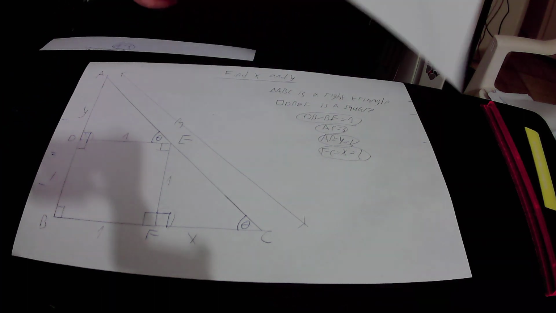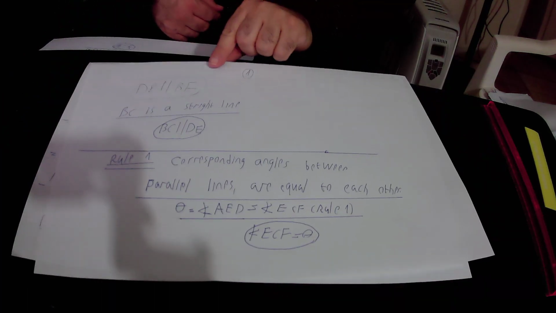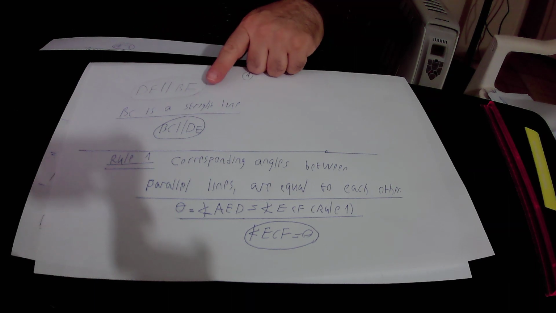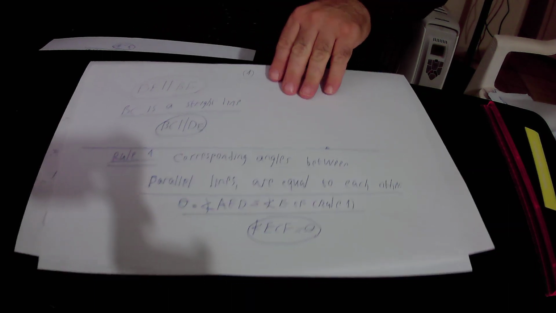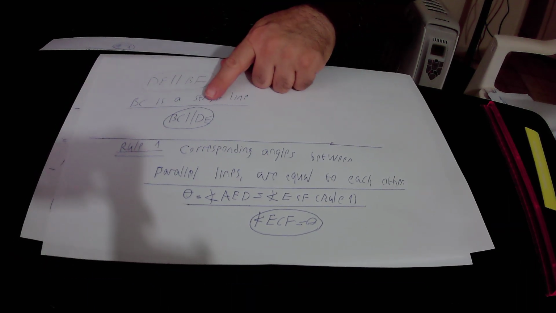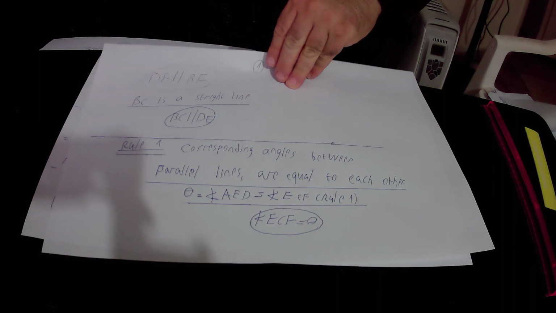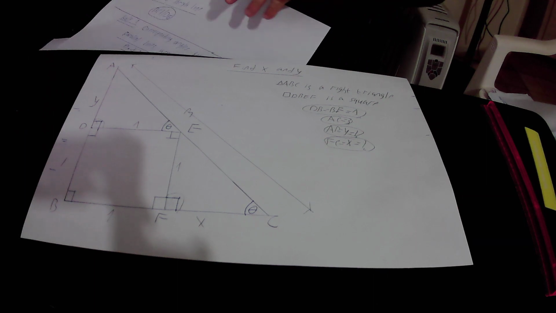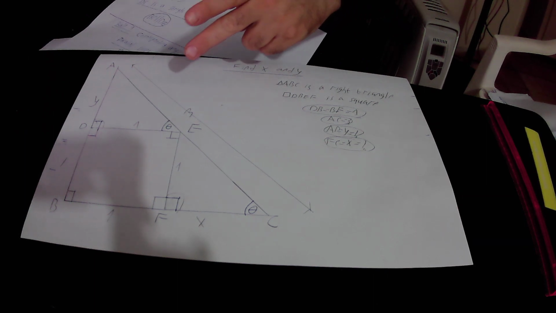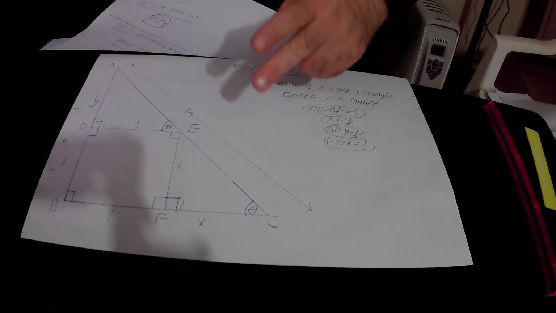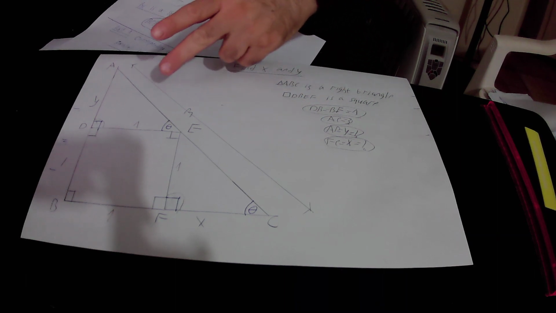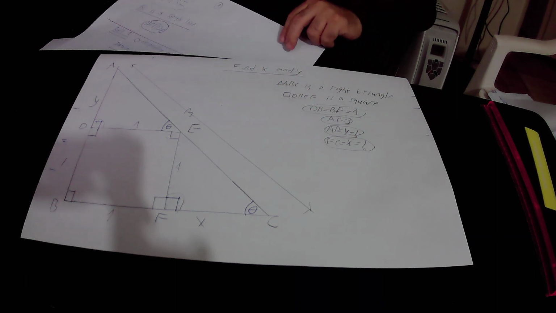Okay, so we arrive to the conclusion that BC is also parallel to DE, because if part of a straight line is parallel to another straight line, then the straight line itself must be also parallel to the other straight line.